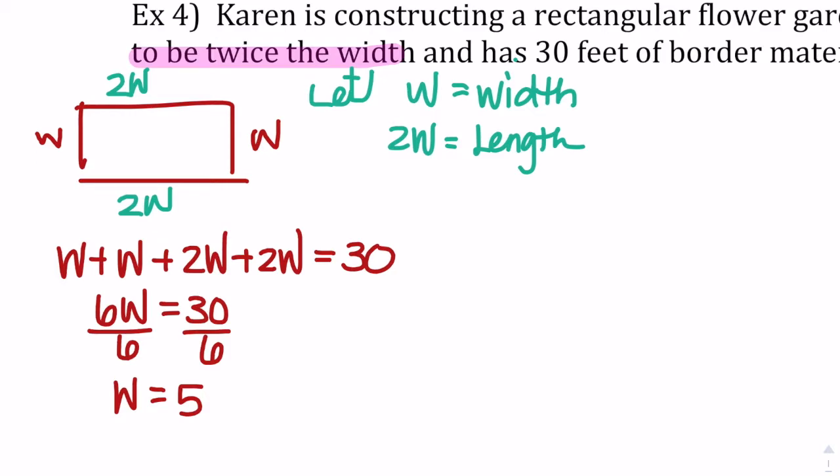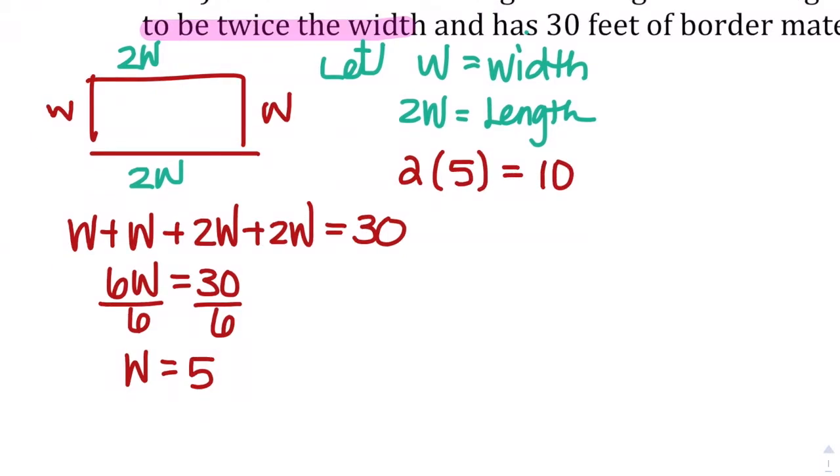And the length is 2 times W, so that's 2 times 5, and the length is 10. So now we are going to write our answer, and our answer is going to be really simple.